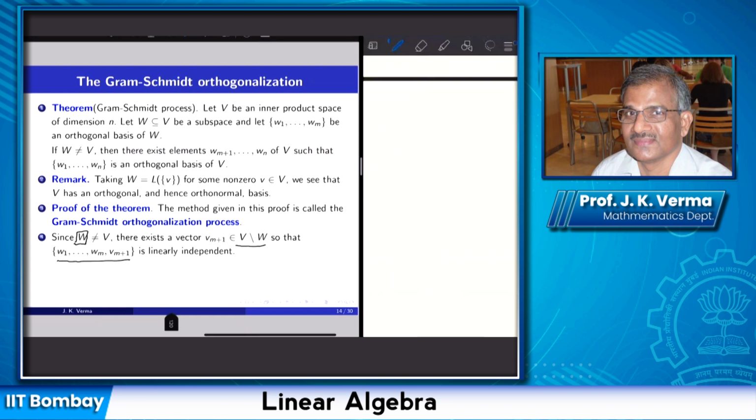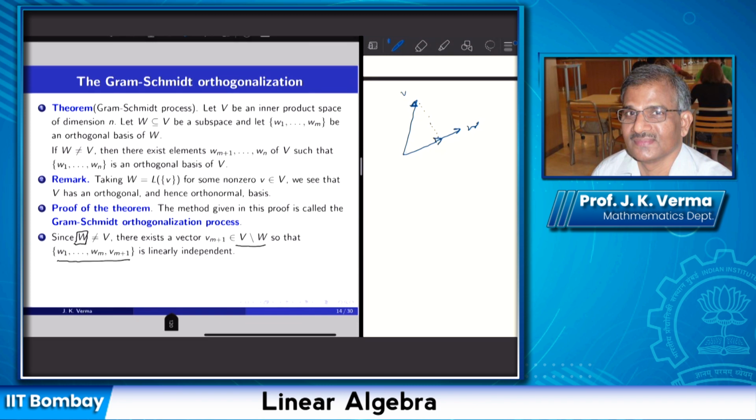Last time I explained the idea of projection. The idea was that I have a direction W and I have a vector V. Then I can decompose this vector V into two components.